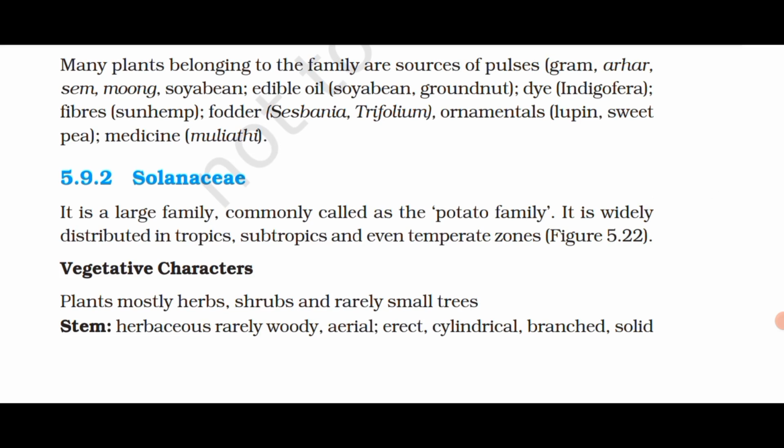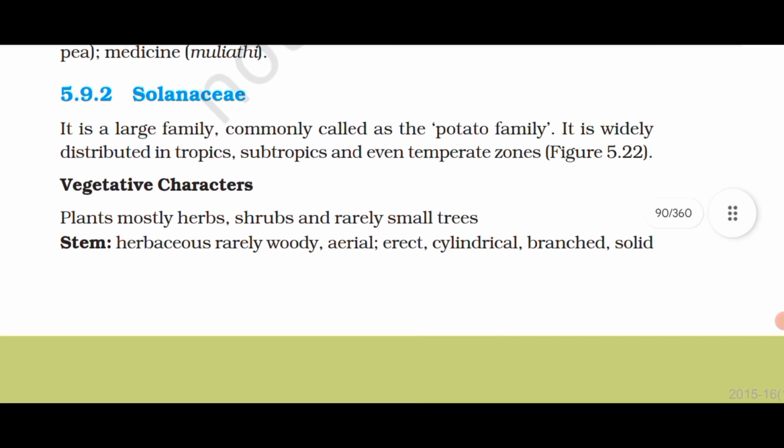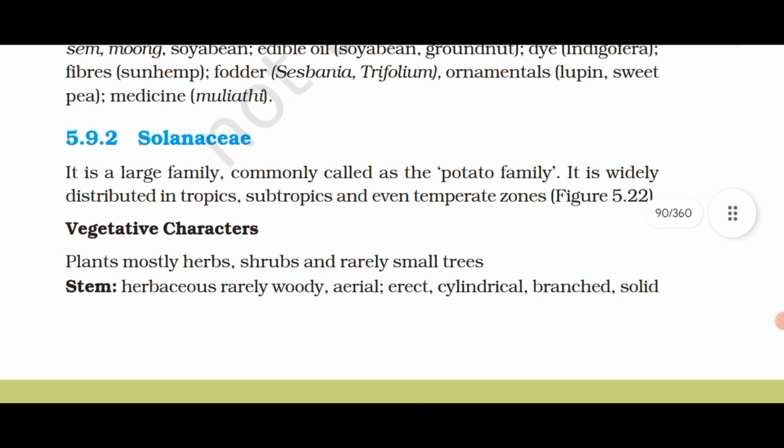5.9.2 Solanaceae. It is a large family, commonly called the potato family. It is widely distributed in tropics, subtropics, and even temperate zones. Vegetative characters: plants mostly herbs, shrubs, and rarely small trees.